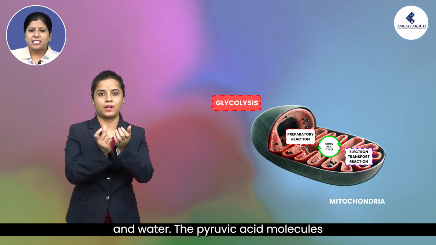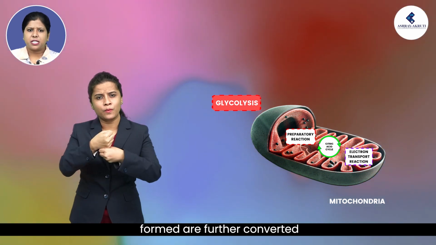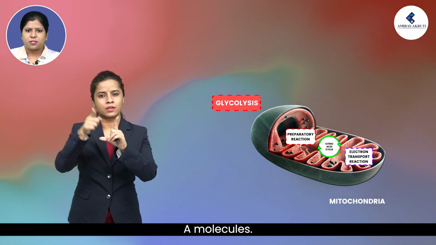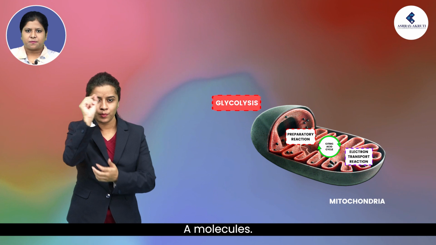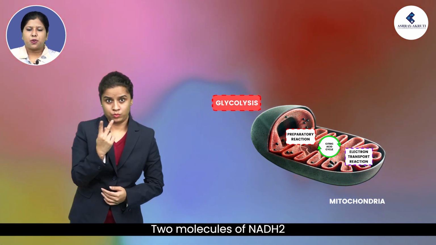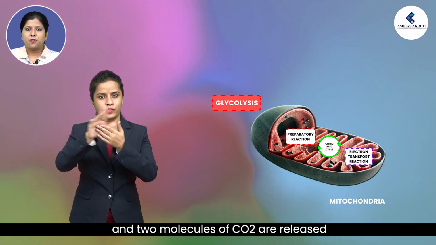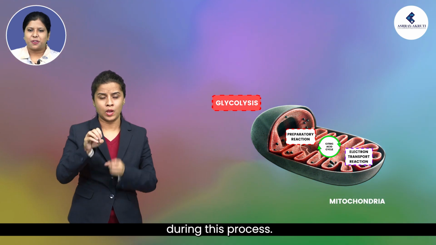The pyruvic acid molecules formed are further converted into acetyl coenzyme A molecules. Two molecules of NADH2 and 2 molecules of CO2 are released during this process.